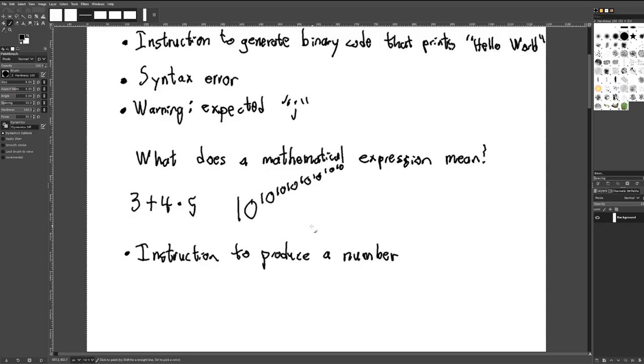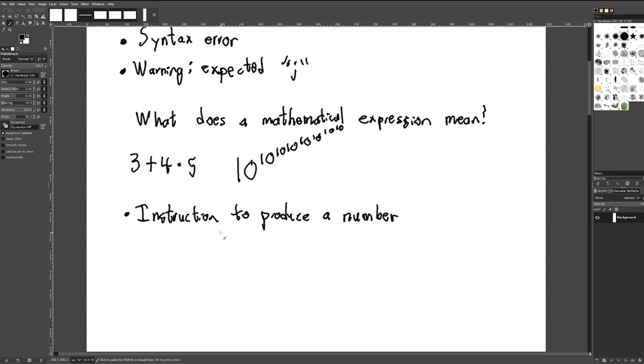So an expression is not necessarily an instruction to produce a number. We can look at this and know what it means. It's just huge. So another thing an expression can be is a data structure that you can pattern match.